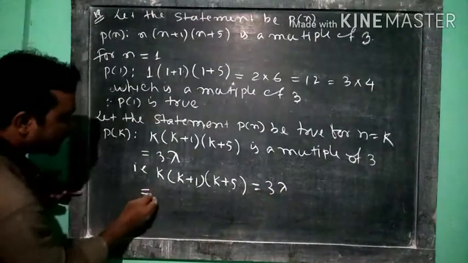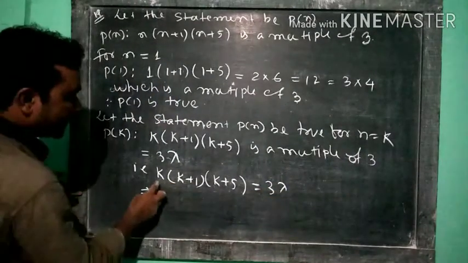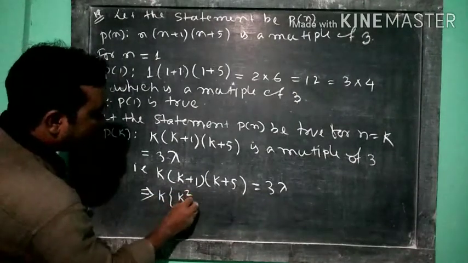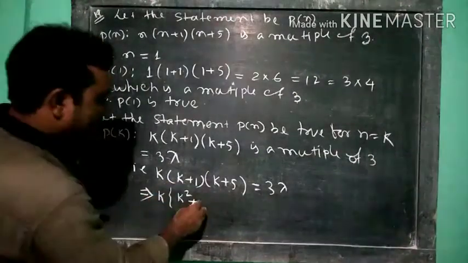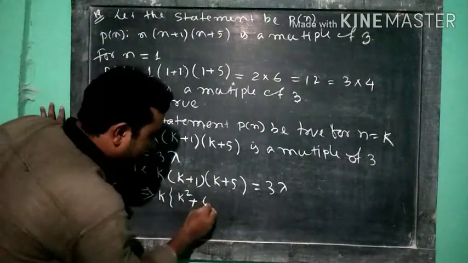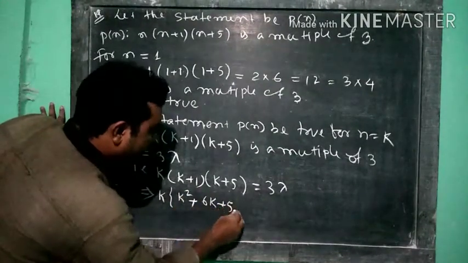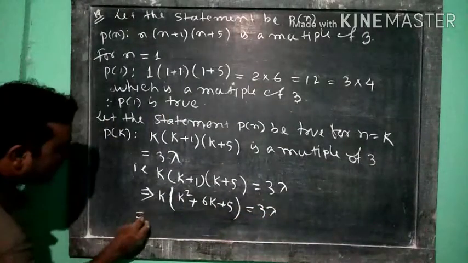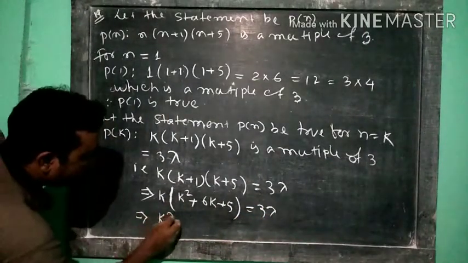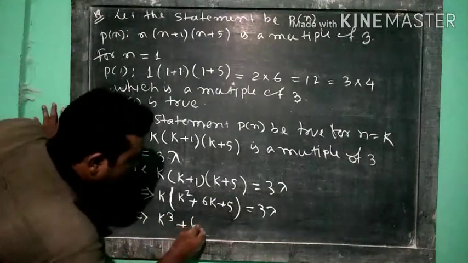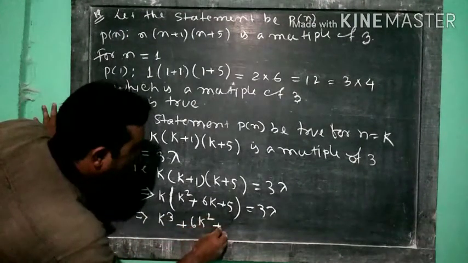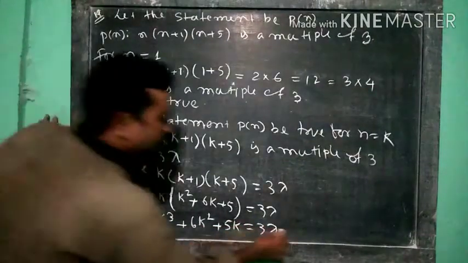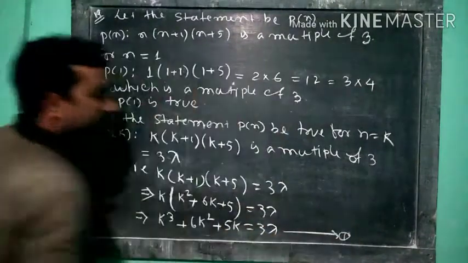So this implies that if we multiply this, then we get k square plus 6k plus 5 equal to 3 lambda. This implies k cube plus 6k square plus 5k equal to 3 lambda. This is equation number 1.